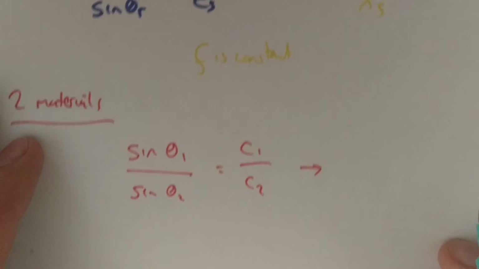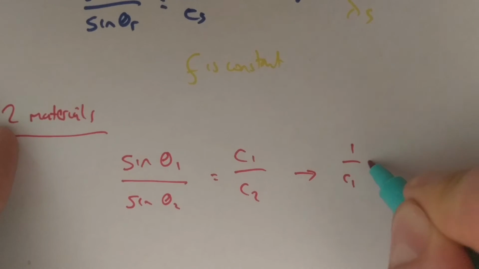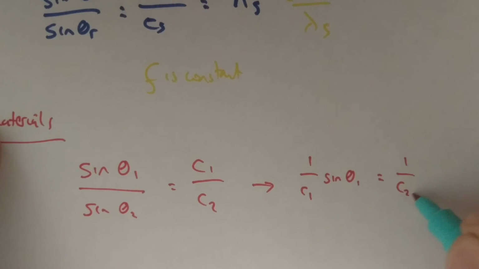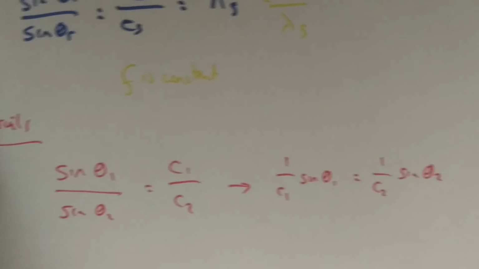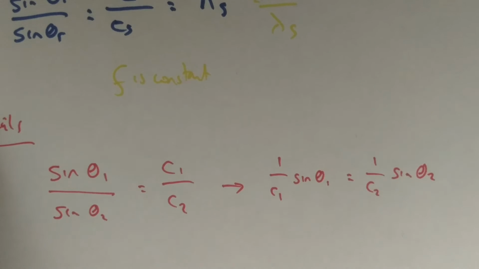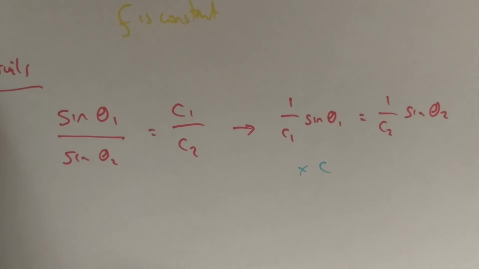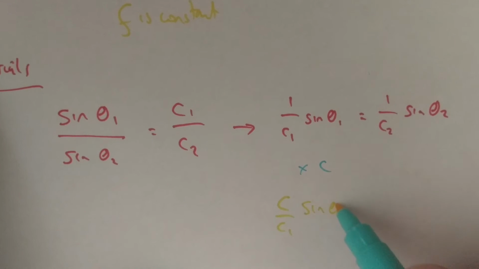If we then rearrange that, we can say 1 over c1 sine theta 1 equals 1 over c2 sine theta 2. If we now multiply through by c, we can say that c over c1 sine theta 1 equals c over c2 sine theta 2.